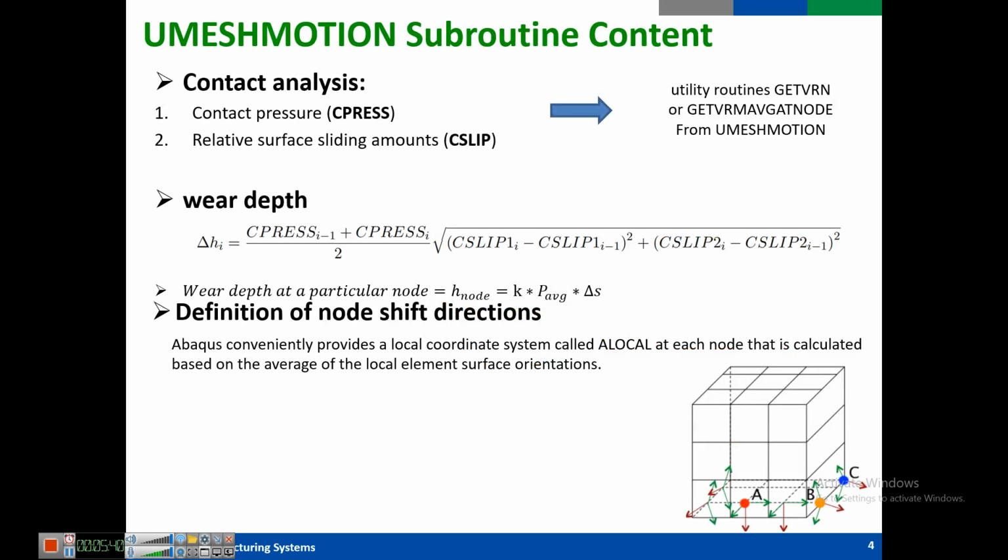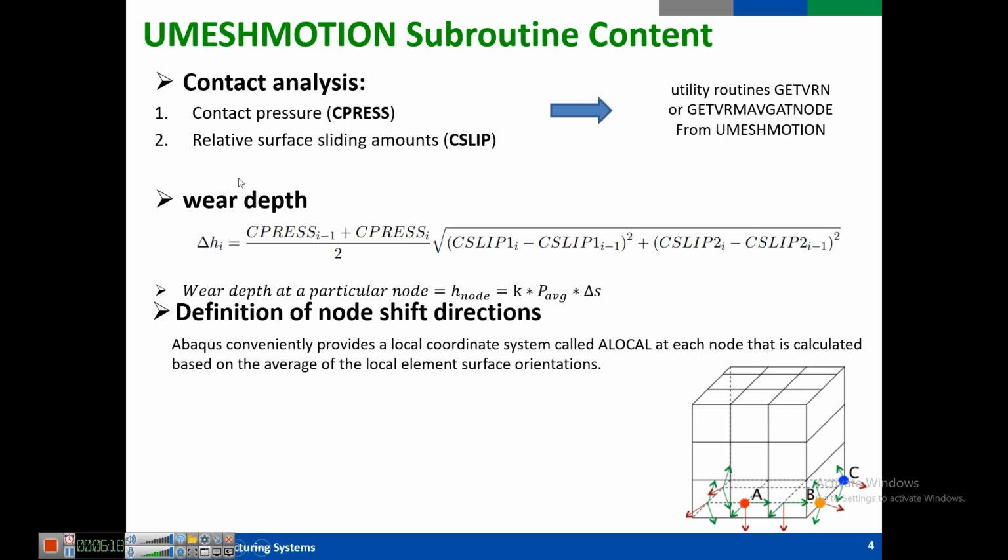And as I told you already, in the UMESHMOTION subroutine we usually use P, known in Abaqus as CPRESS, and delta S, or sliding distance, which Abaqus illustrates with CSLIP. And UMESHMOTION gets information with utility routines like GETVRMAVGATNODE, which is especially difficult from UMESHMOTION.